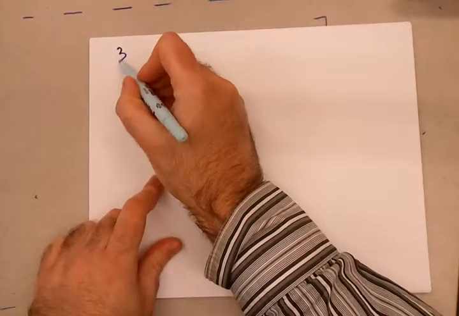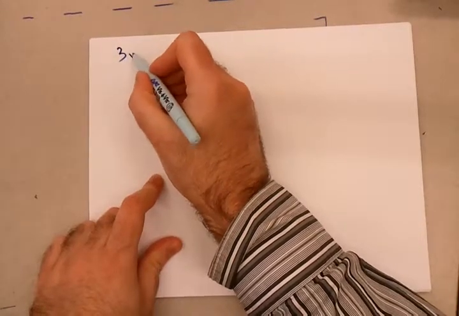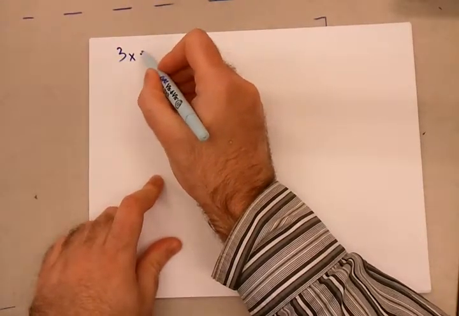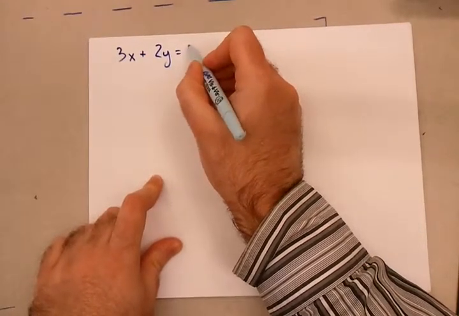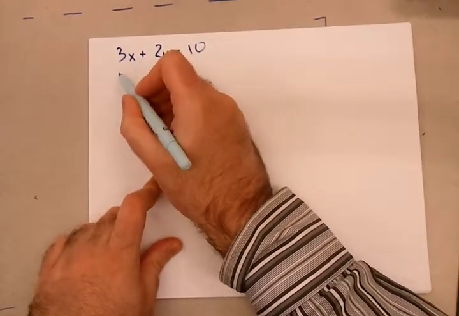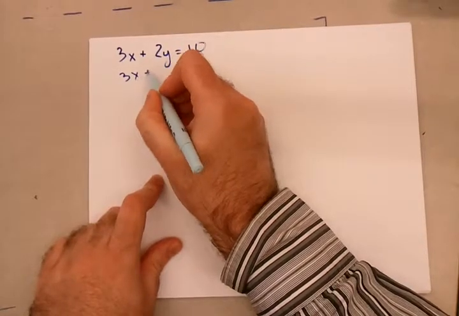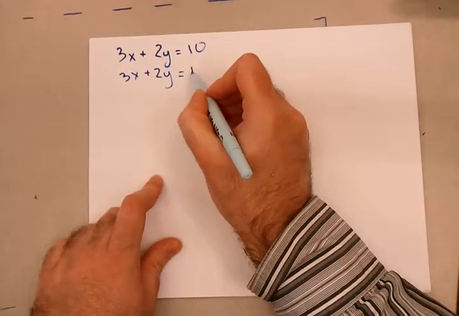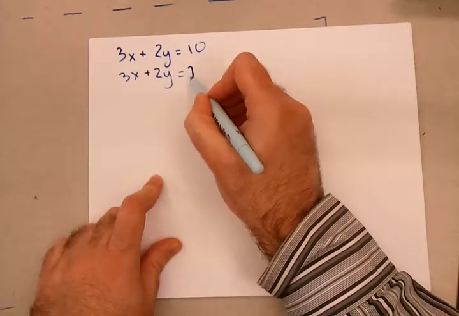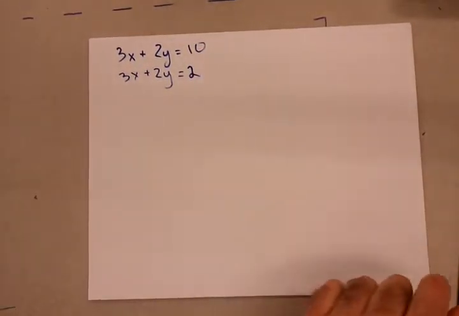So let's take a look first at a system which is very similar to any other system we've seen so far. That's a 2, sorry. So a pretty similar pair of linear equations in a system.